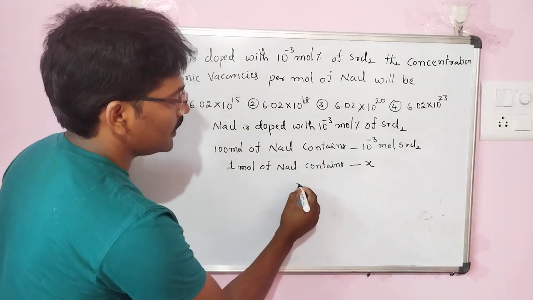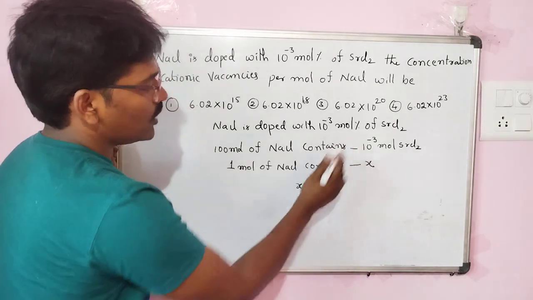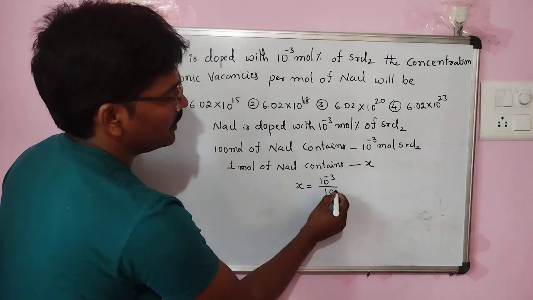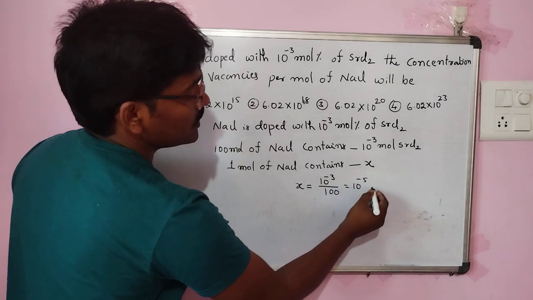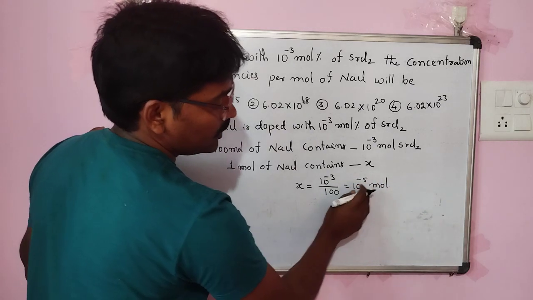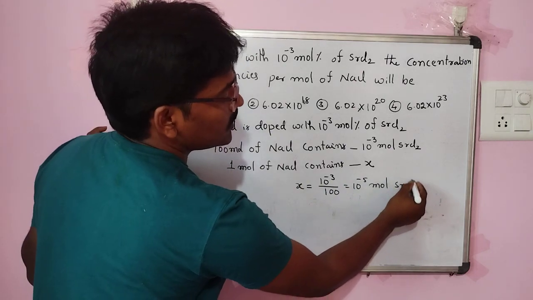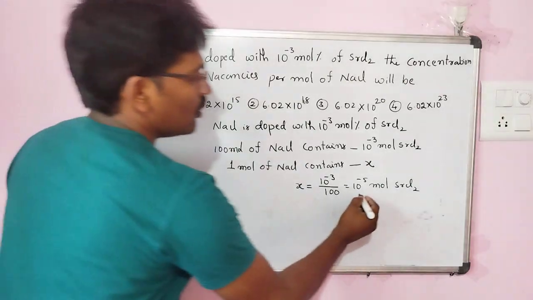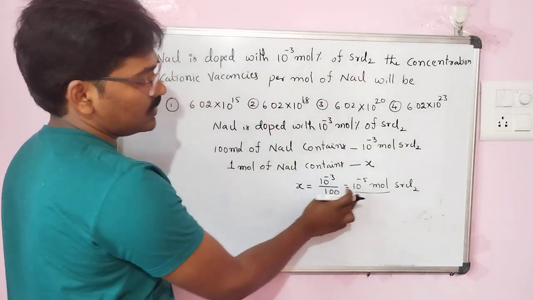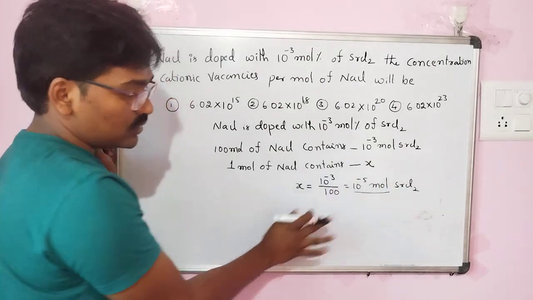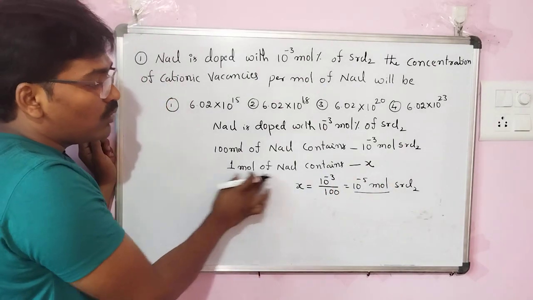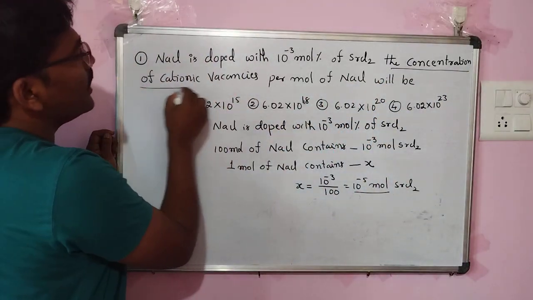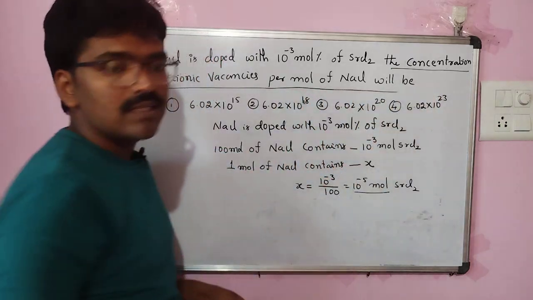So we take X equals 1 into 10 to the power of minus 3 divided by 100, cross multiplication, and you get 10 to the power of minus 5 moles of SrCl2 in 1 mole of NaCl. What they are asking is the concentration of cationic vacancies per 1 mole of NaCl.